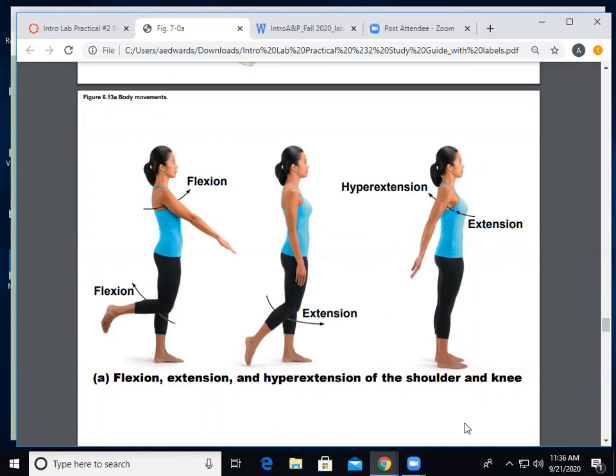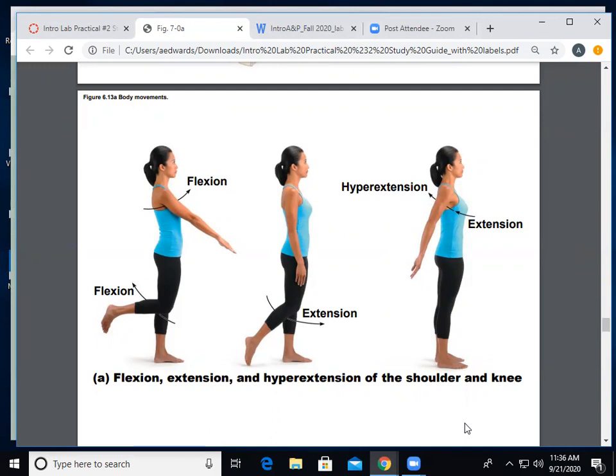So at the knee joint, if I'm decreasing the angle at my knee joint, I'm flexing my knee joint. If I increase the angle, I'm extending my knee joint. Now with my hip joint, if you think about this angle here, I'm decreasing the angle with my hip joint.